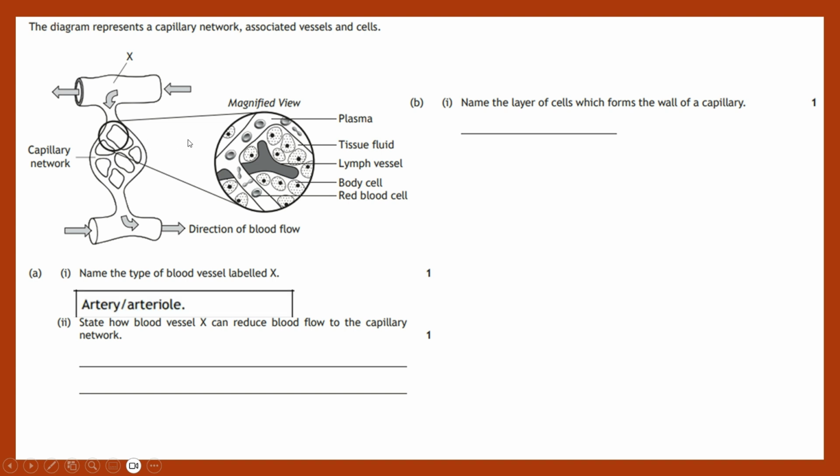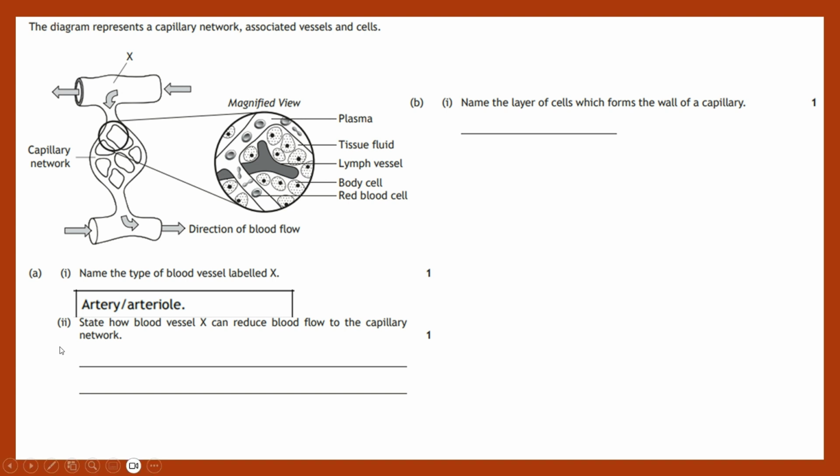Okay. So that must be an artery, or would it be acceptable to say an arteriole, those smaller arteries? They are the ones bringing the blood towards the capillary network.